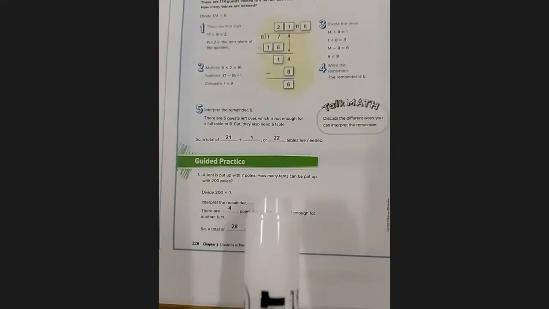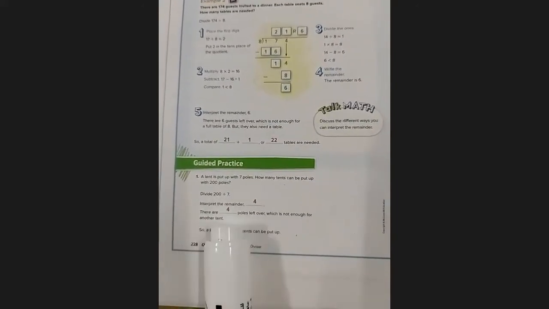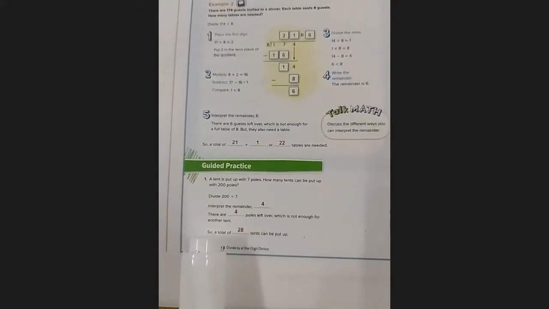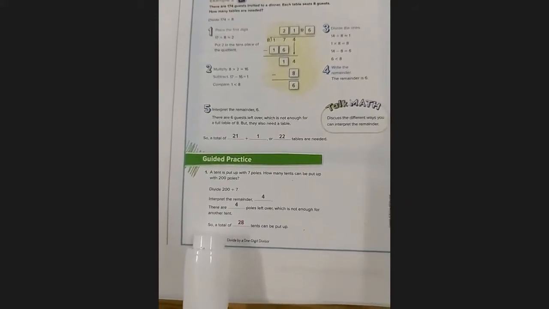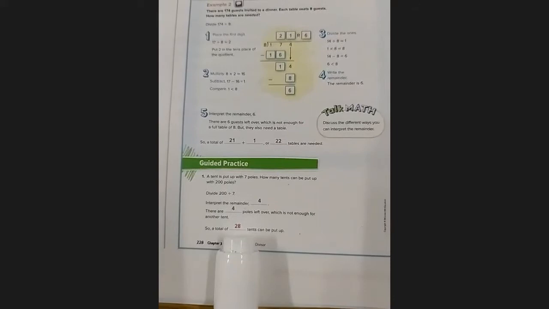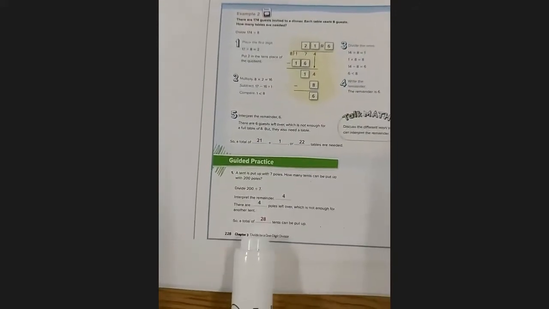So we write 4, and 4 is not enough for another tent, because we need 7 poles to make a tent. So a total of 28 tents can be put up. Excellent. So we write 4, and down 28.